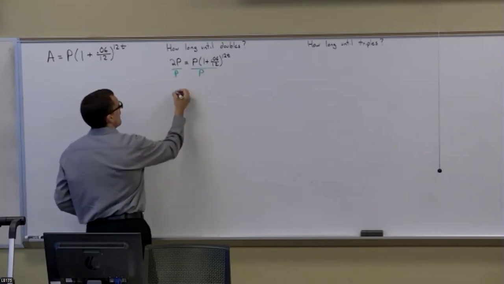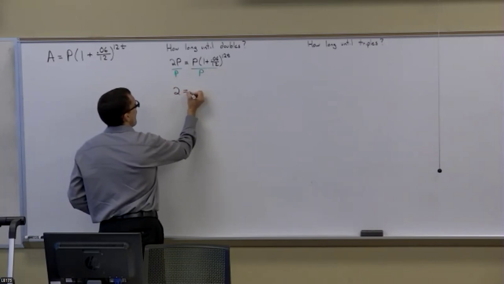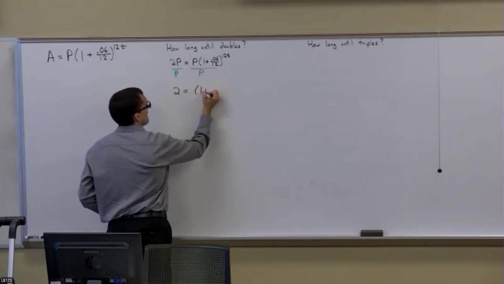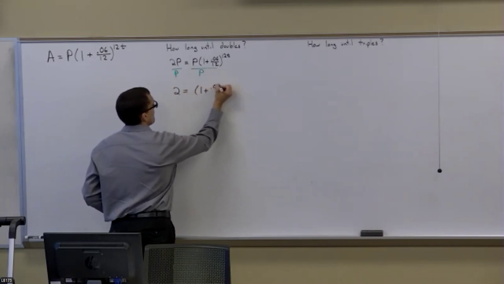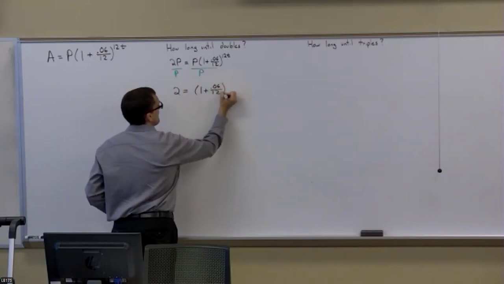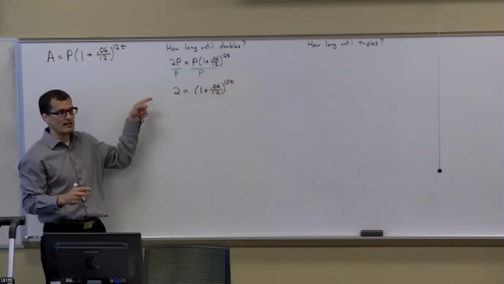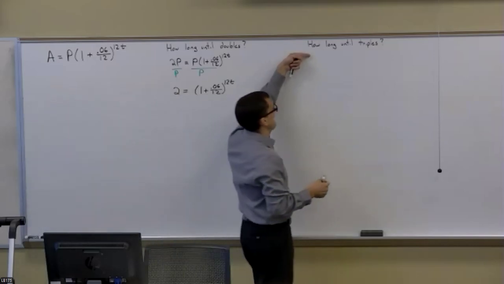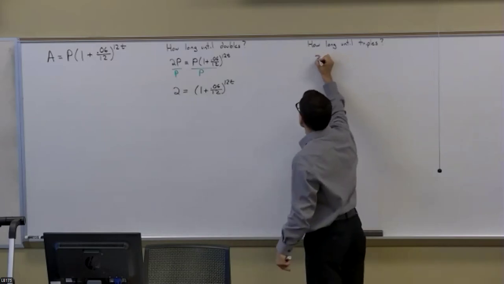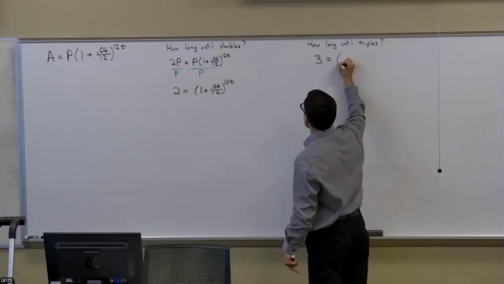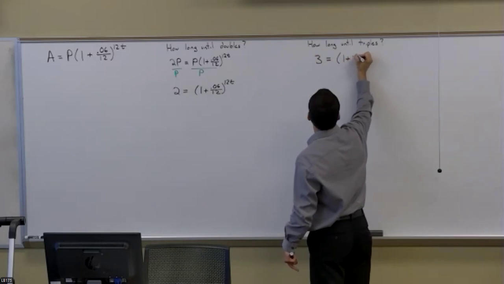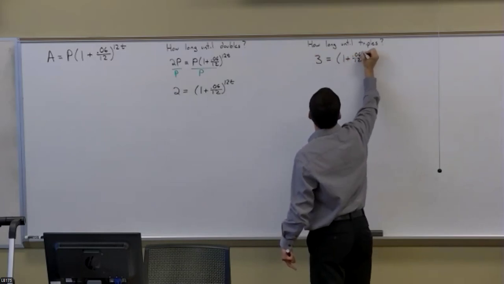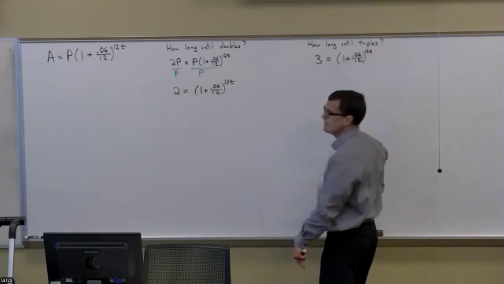So a lot of times I just start out with an equation that doesn't include the P in it, all right? So in other words, if I ask how long until it triples, I'll just start out with the equation 3 is equal to 1 plus 0.06 over 12 raised to the 12t power. Okay.